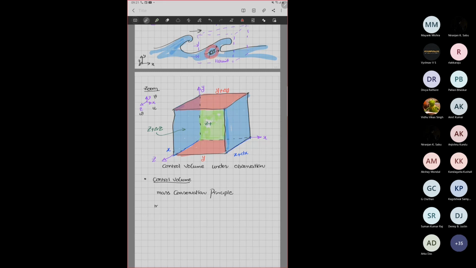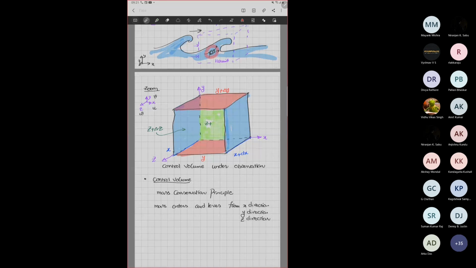How much mass enters and leaves from the x direction? Similarly, how much enters in the y direction, and how much enters in the z direction? These are the things we are going to track separately.